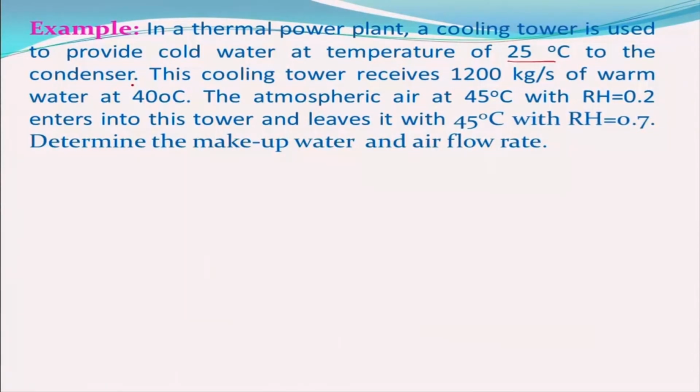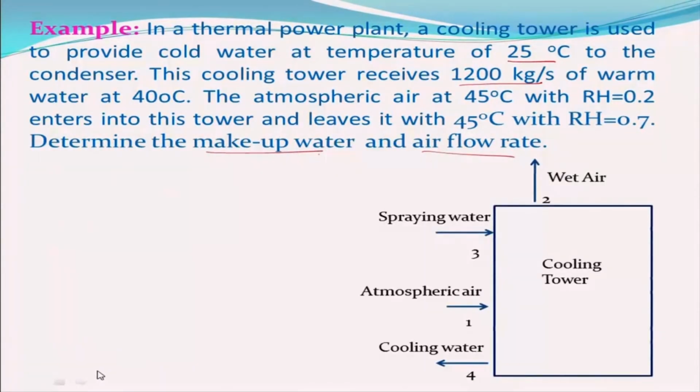This cooling tower receives 1200 kg per second of warm water at 40 degrees Celsius, and the atmospheric air at 45 degrees with a relative humidity of 0.2 enters the tower and leaves it at 45 degrees Celsius with a relative humidity of 0.7. We need to find out the makeup water and the air flow rate.